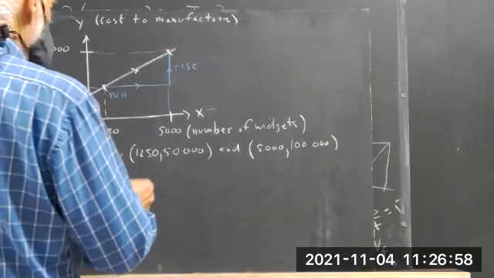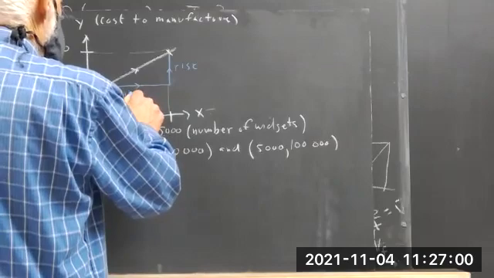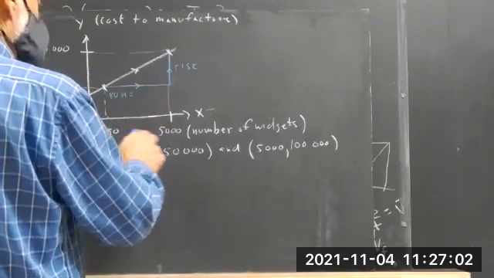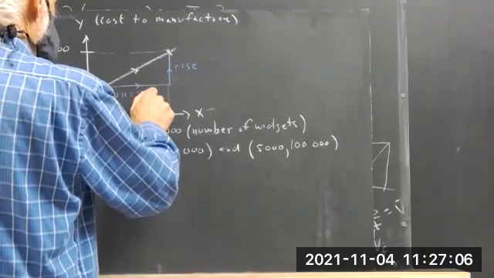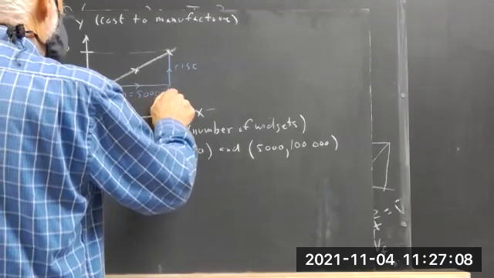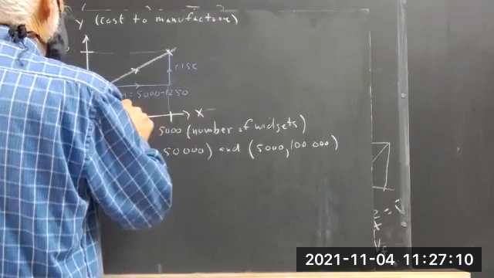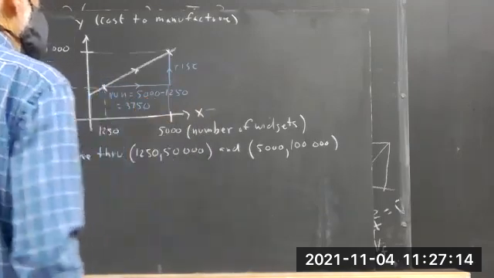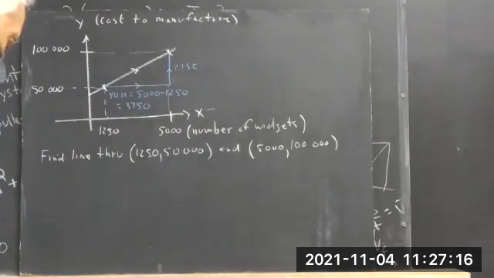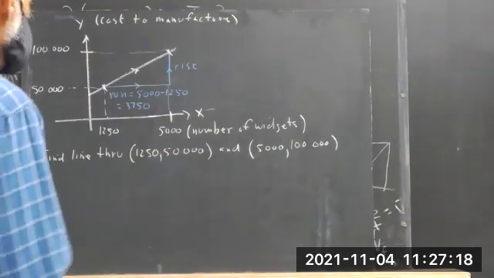The run between these points is going from 1250 to 5,000. That's 5,000 minus 1,250 equals 3,750.